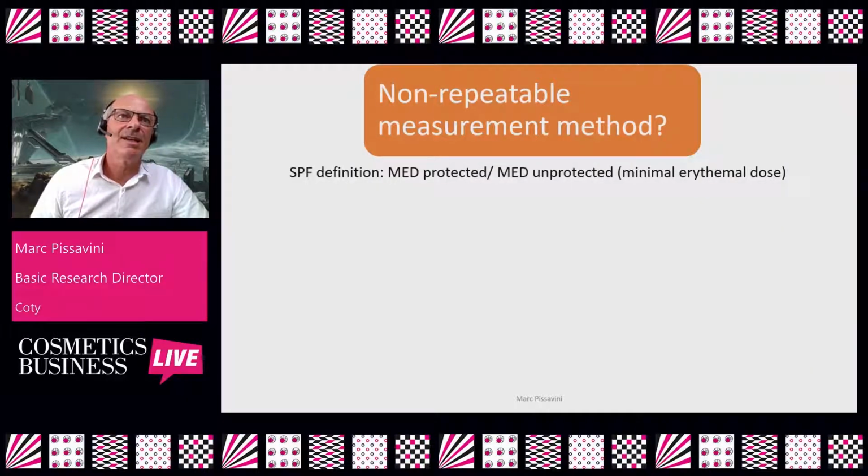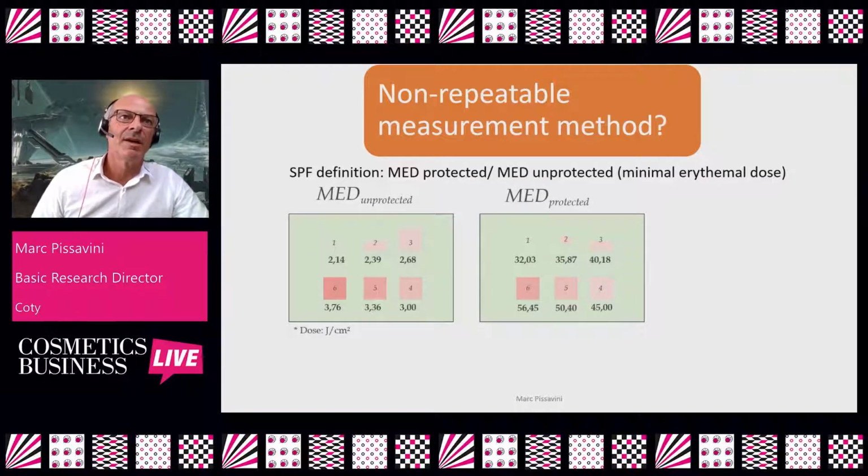The SPF definition is the ratio between the MED, the minimal erythemal dose, on the protected skin divided by the minimum erythemal dose on the unprotected skin. Let's have an example. You can see here on the screen, on the left, the minimal erythemal dose on the unprotected skin.